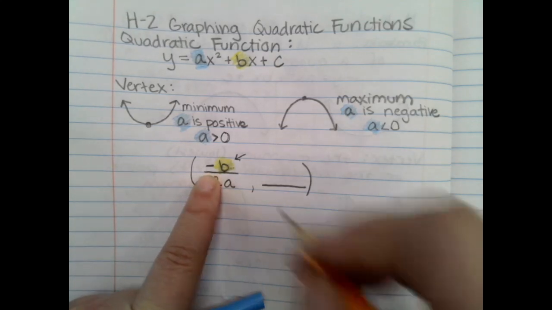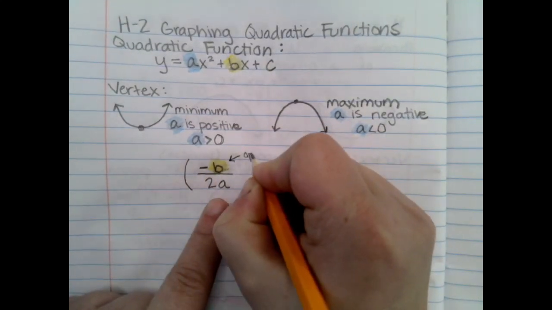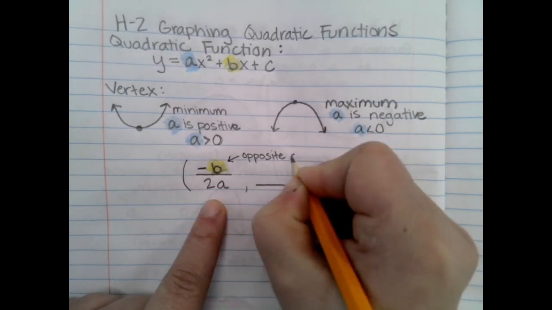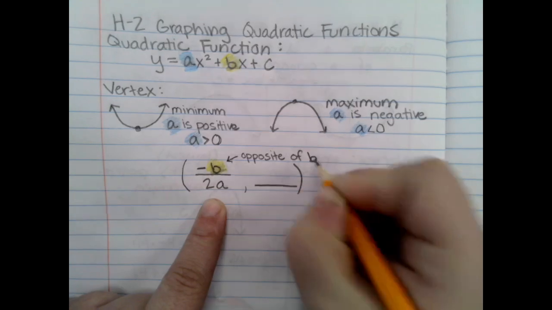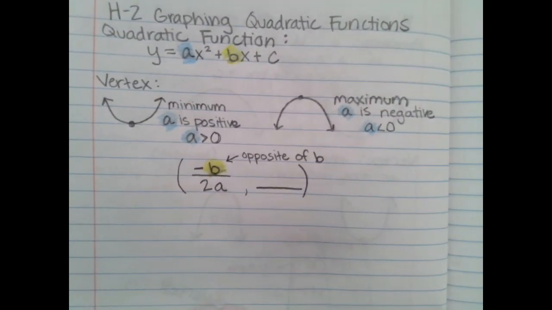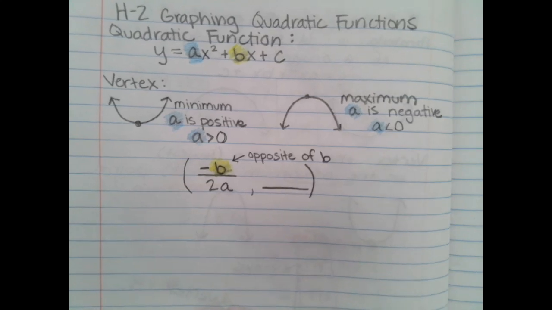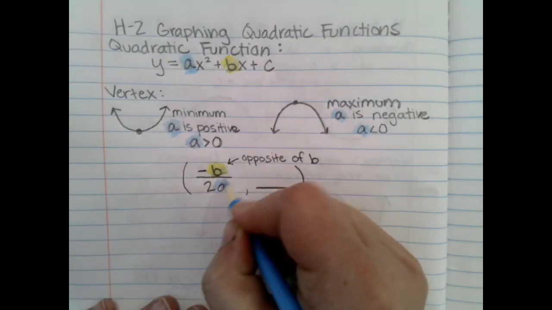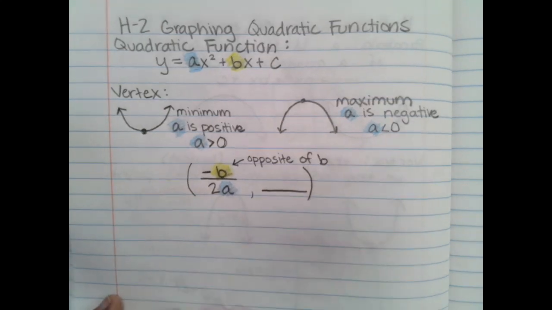So I like to think of this as opposite of b. So if it's a positive, what's the opposite of a positive? Negative. What's the opposite of a negative? Positive. Okay, and then on the bottom we have 2 times a.